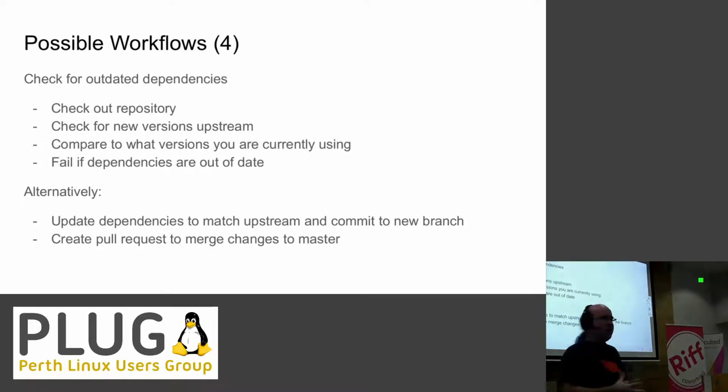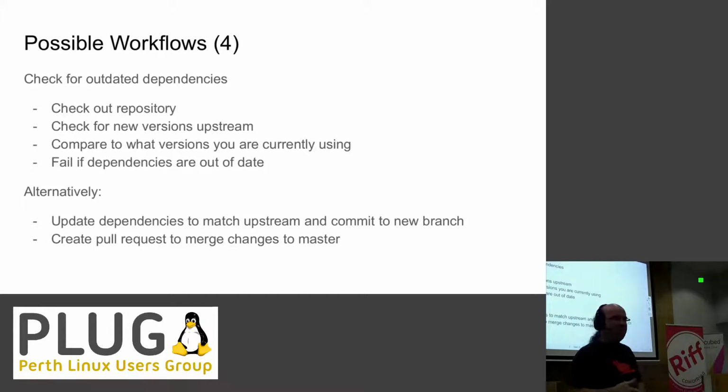So another one, let's say that you're using a language where you're often locking dependencies. This is a common workflow for writing stuff in Node.js or with Python, or even if you're using Git submodules to pull in code. So maybe you want to say every week I'm going to check, are there any new versions? And maybe you might have that workflow fail if there are new versions, so you'll get an email about this.